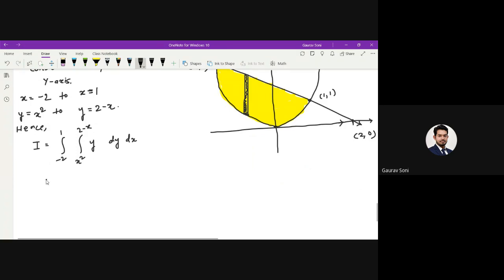Put the values, find out the answer. Do the integration, everyone try this. This kind of MCQs can be asked. Limits are given, find out the integral. Because this is a 2 minutes consuming question.